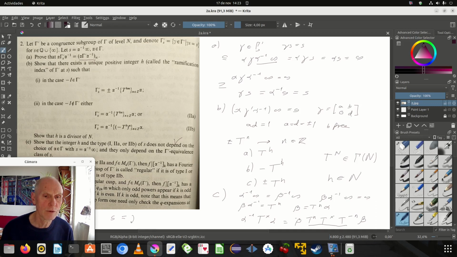S equals gamma mark T, then alpha to minus first S alpha equals alpha to minus first gamma mark T alpha. This actually requires some thought.